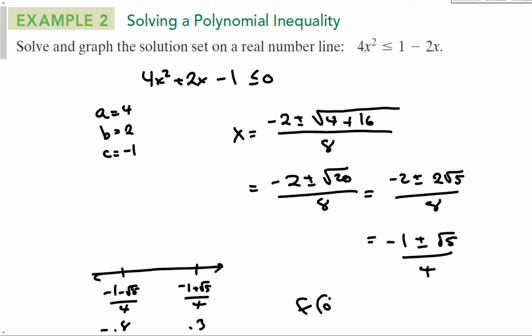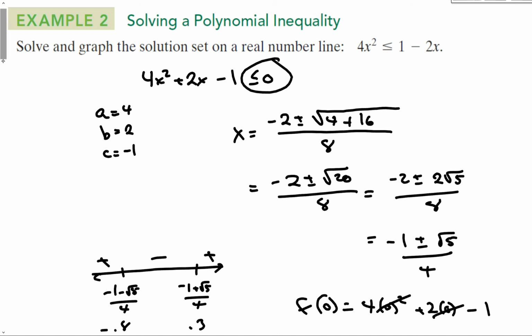Figure out this. Find f of 0. So that turns into 4 times 0 squared plus 2 times 0 minus 1. That's a negative number, which means these two sides are positive from what I know about end behavior in a polynomial function. So I want to know where this graph is negative or equal to 0.